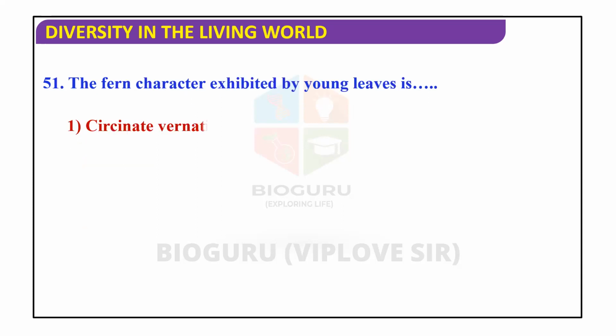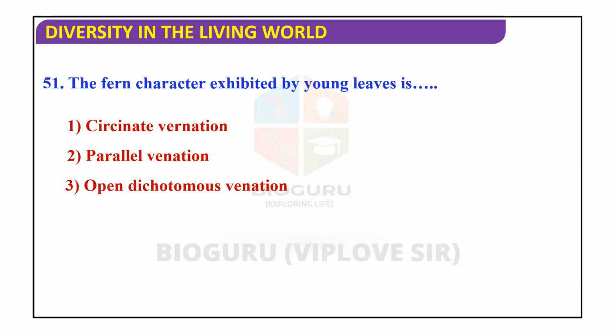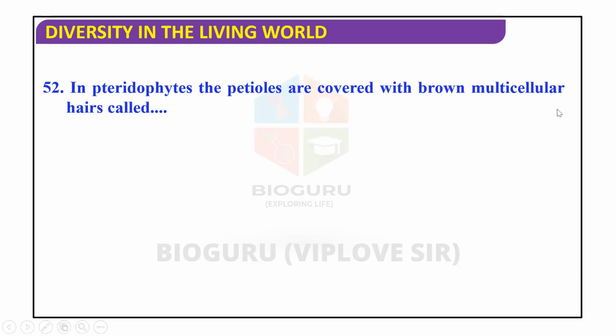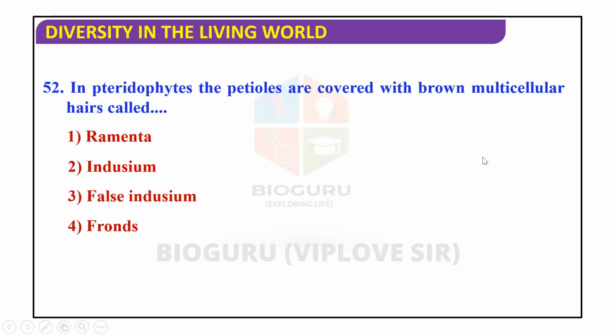The fern character exhibited by young leaves is circinate vernation, parallel venation, open dichotomous venation, or false indusium. It is circinate vernation. In pteridophytes, the petioles are covered with brown multicellular hairs called ramenta, indusium, false indusium, or fronds.